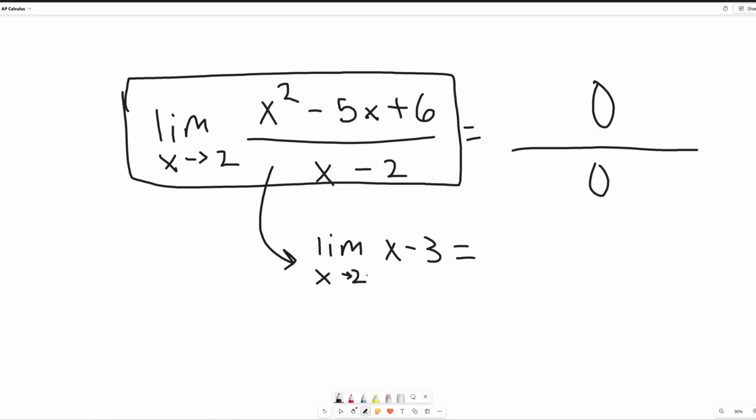Which, now, we can just plug 2 in, direct substitution, which will give you negative 5. So this would be your answer for a problem like this.